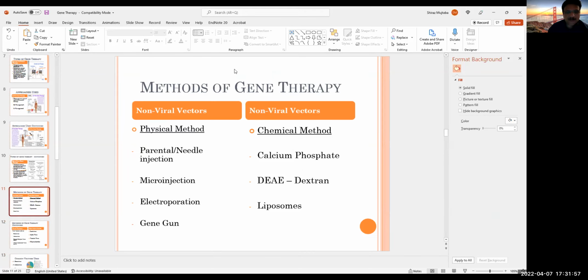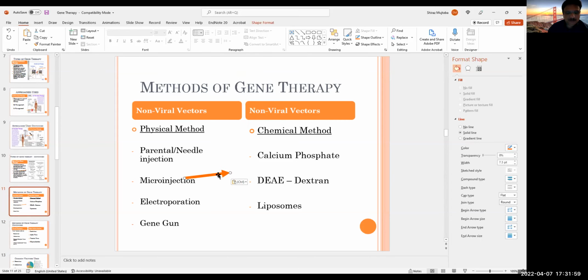Now, methods of gene therapy: it could be injected by needle or microinjection. Electroporation uses electricity, where the DNA is pushed into the cells on the basis of electrical force, or there is gene gun technology.